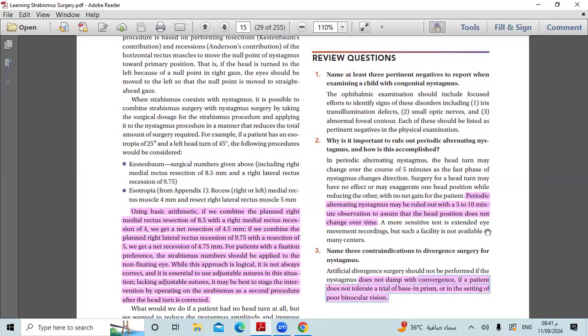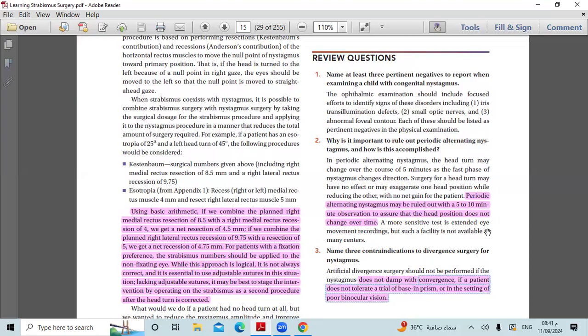2. Why is it important to rule out periodic alternating nystagmus, and how is this accomplished? In periodic alternating nystagmus, the head turn may change over the course of 5 minutes as the fast phase of the nystagmus changes.